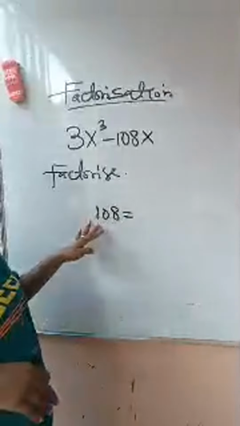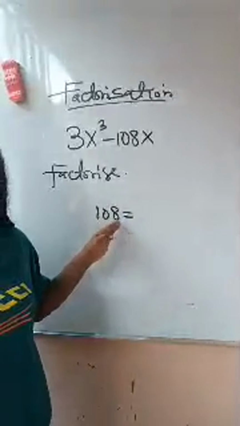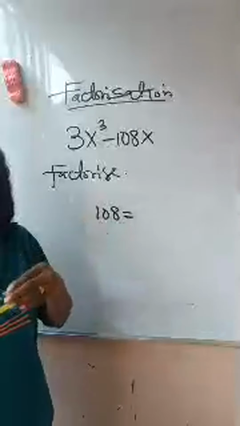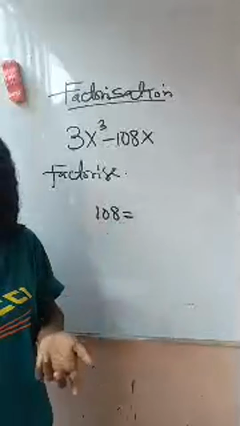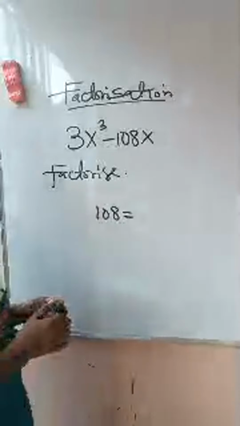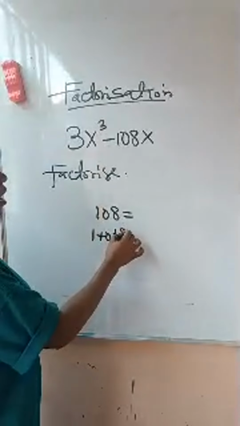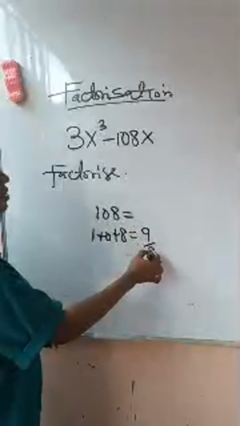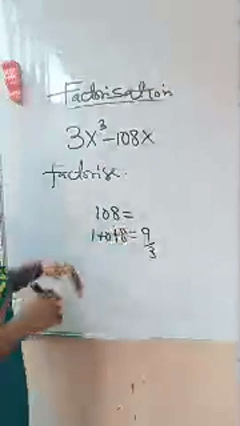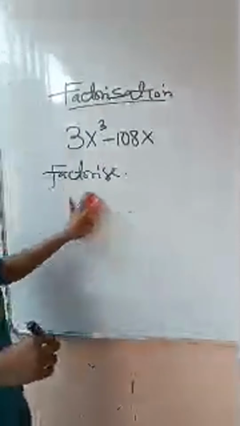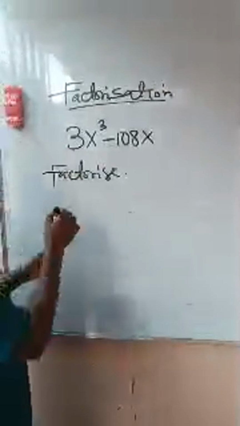For example, when I saw 108, I wanted to check if 108 is divisible by 3. And yes, it is, because if I add 1, 0, 8, I have 9, and 9 is divisible by 3. So the common factor here is 3.